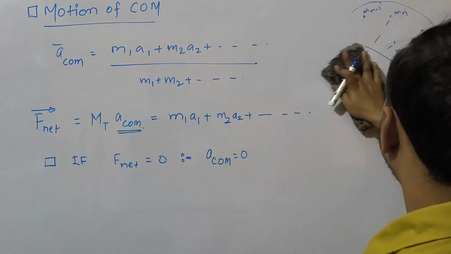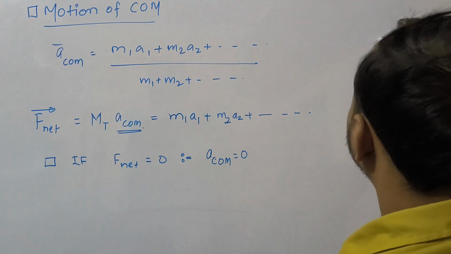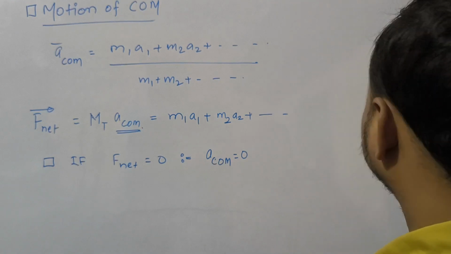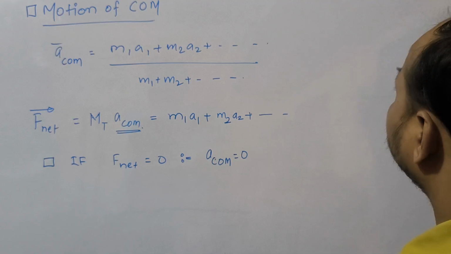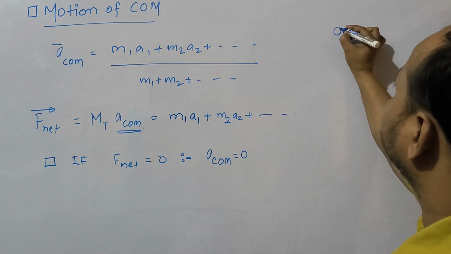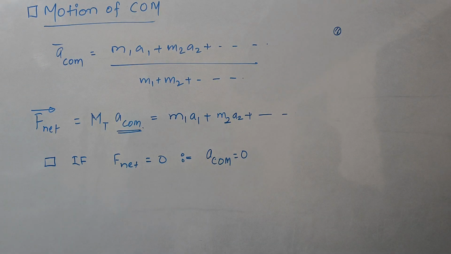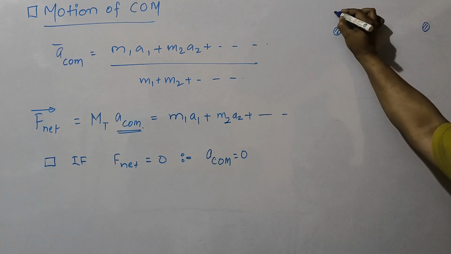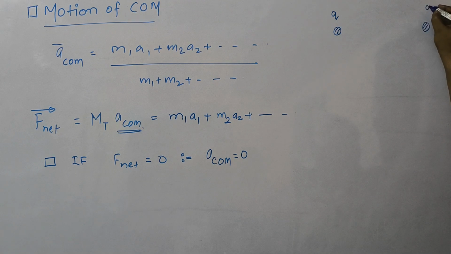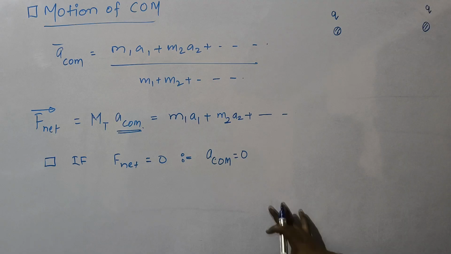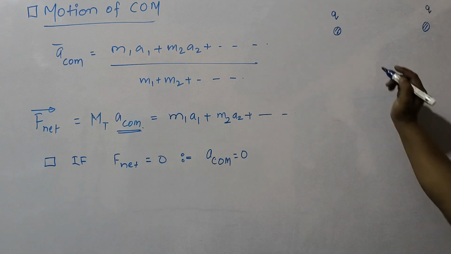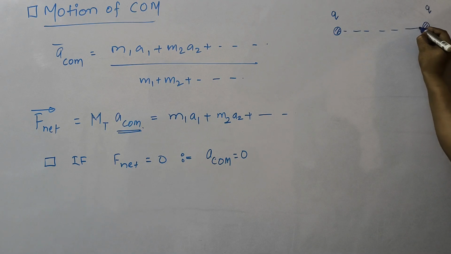Let me erase this. Let's say there are two charges, Q and Q. Now let's say the distance between them is r.